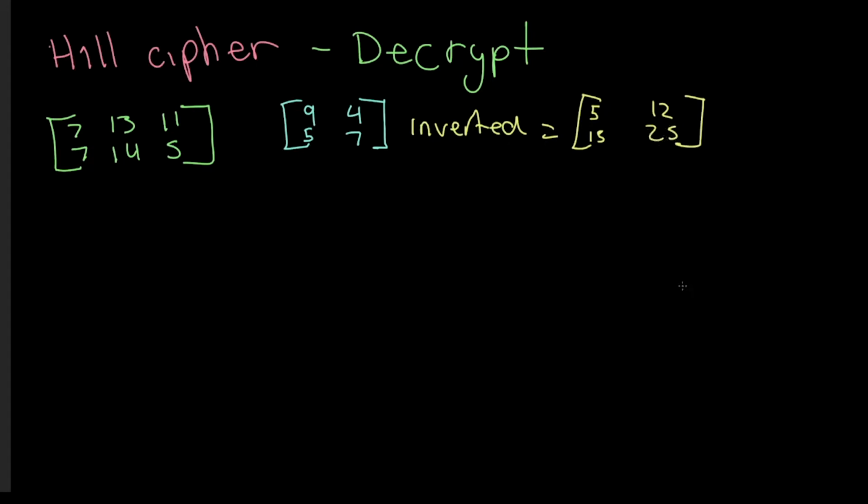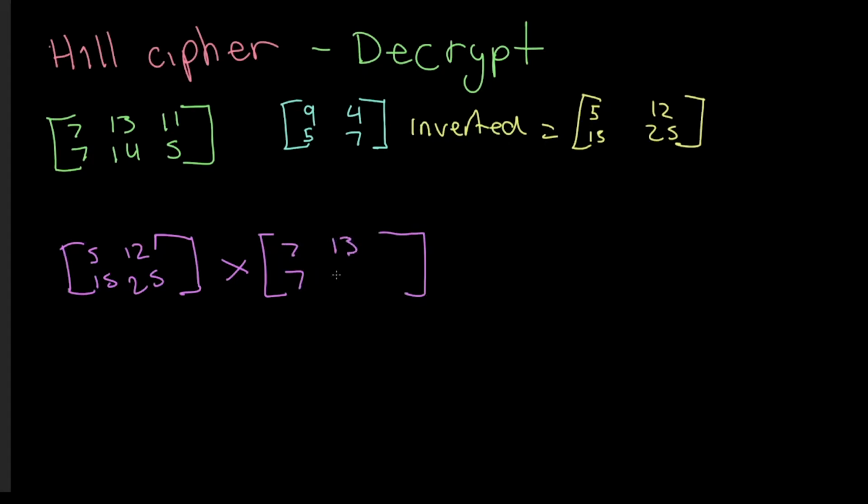Now all we do is we take the inverted key, which is 5, 15, 12, and 25, times the ciphertext in matrix form, obviously. And we get 7, 7, 13, 14, 11, and 5.